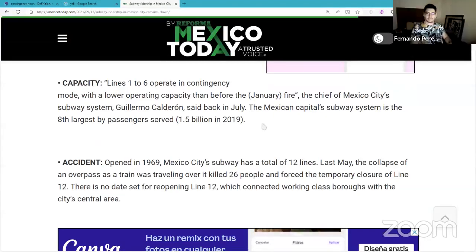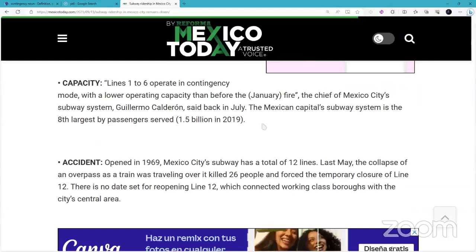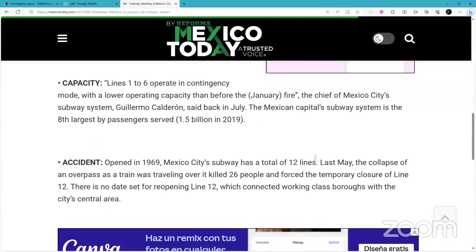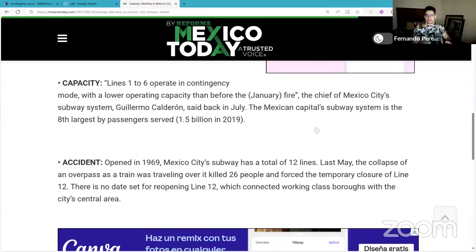The Mexican capital's subway system is the eighth largest by passengers served, 1.5 billion in 2019. Okay, let's read again.